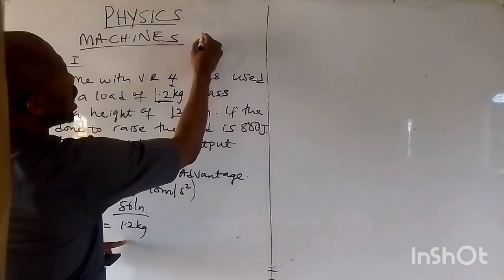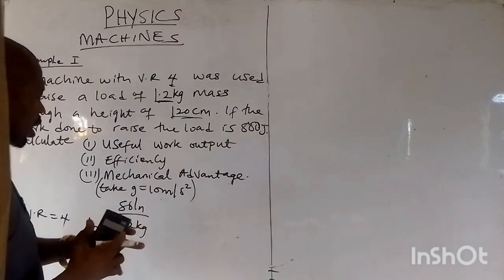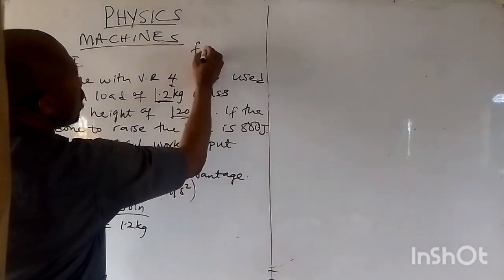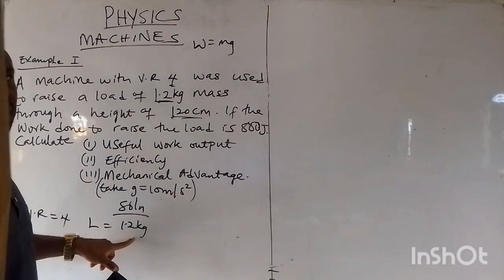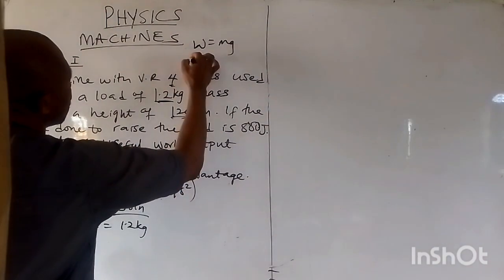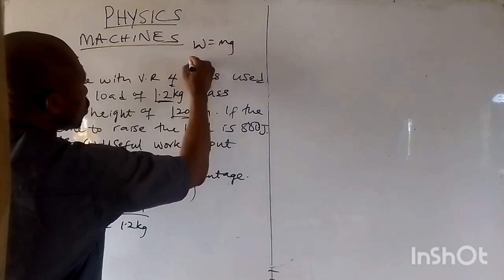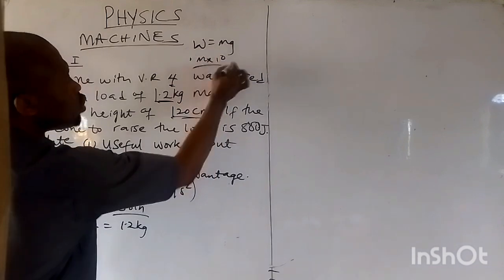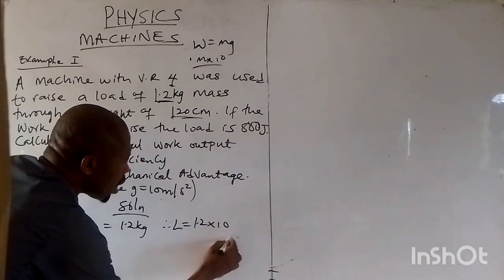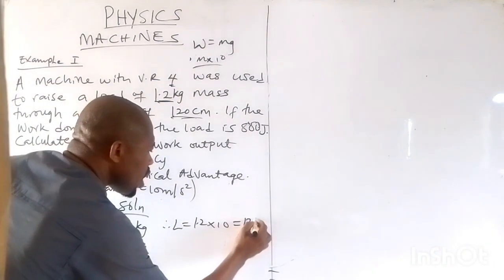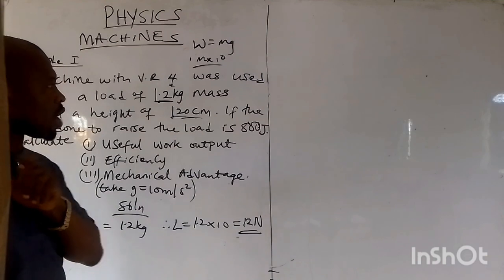We know that the relationship between force and mass, or weight and mass, is F, or weight, is equal to mg. Since this is given in mass, please convert it to kg, which will give us weight, or load, is equal to mass times acceleration due to gravity, which is 10. Therefore, L is 1.2 times 10, and it will give us 12 Newton. The load is now 12 Newton.